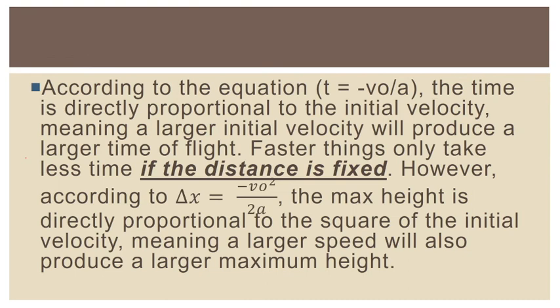Faster things only take less time if the distance is fixed. However, according to delta x equals negative v naught squared over 2a, the max height is directly proportional to the square of the initial velocity, meaning a larger speed will also produce a larger maximum height.